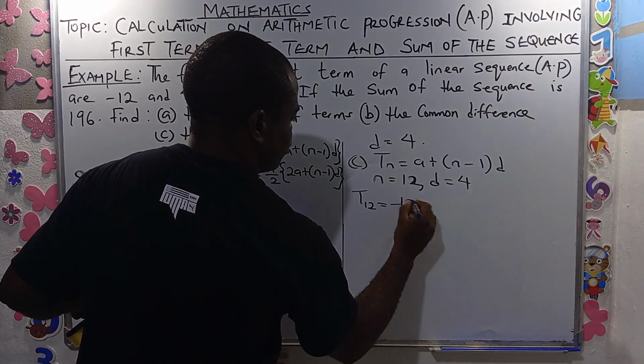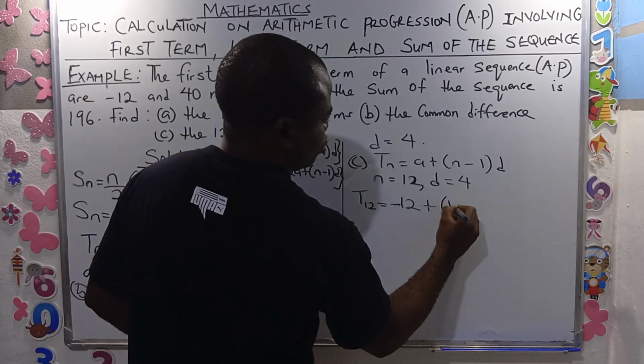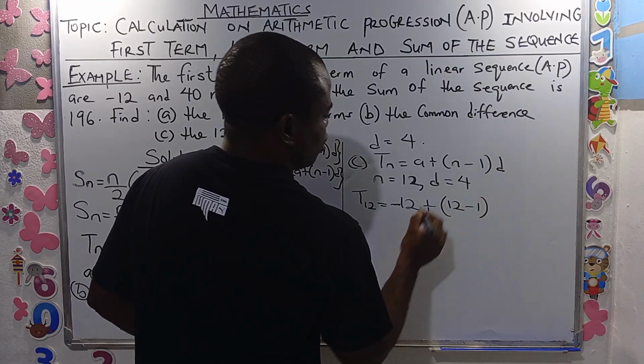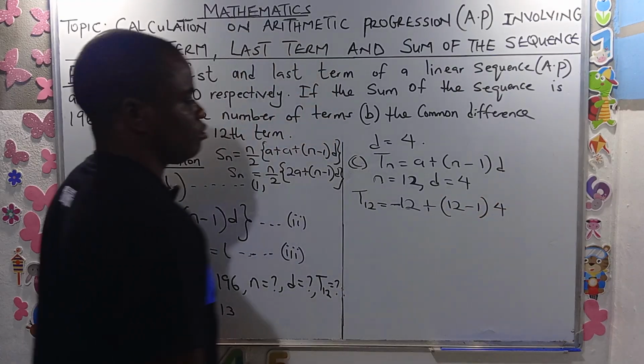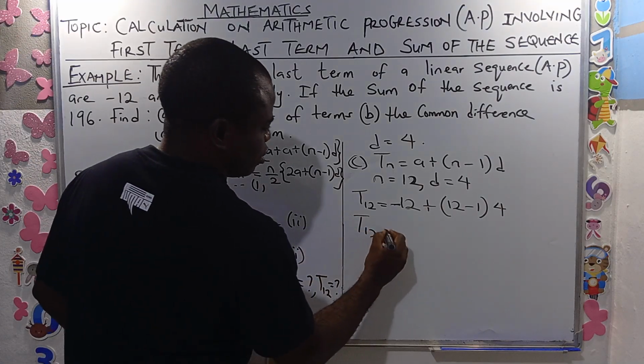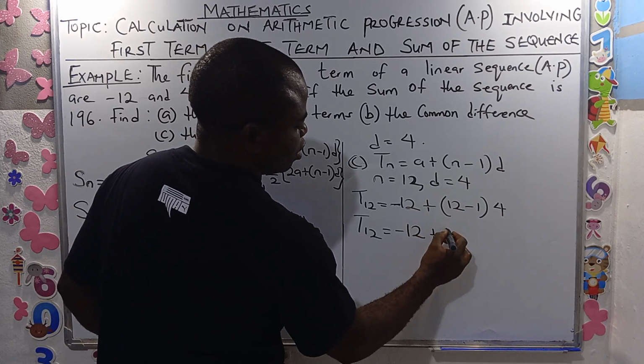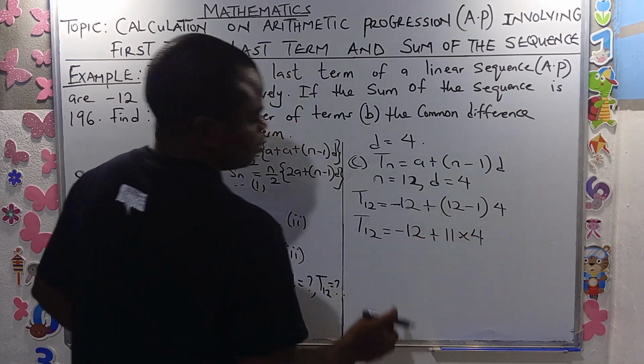Minus 12 plus the number of terms, that's 12 minus 1. The common difference is 4. Now T12 equals minus 12 plus 12 minus 1, that's 11, times 4.